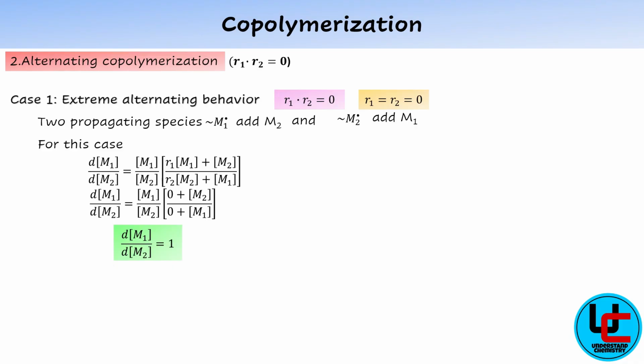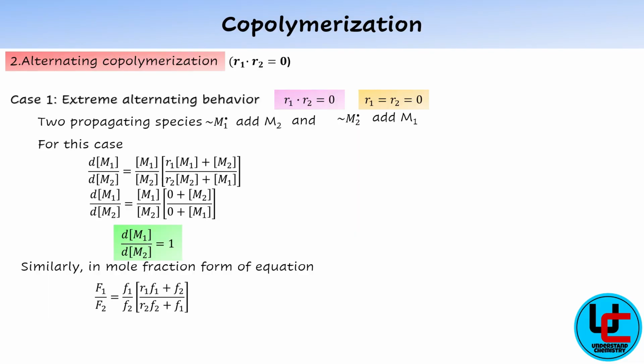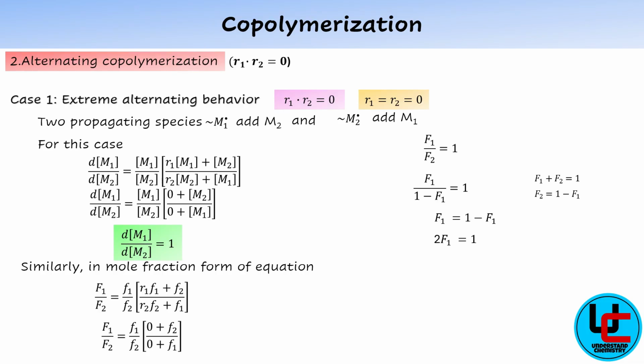In terms of mole fraction, we substitute the same condition in the mole fraction form of the copolymerization equation. That on simplification gives F1 is equal to 0.5. This confirms that the copolymer has an alternating structure with equal incorporation of both monomers, regardless of the initial feed composition.